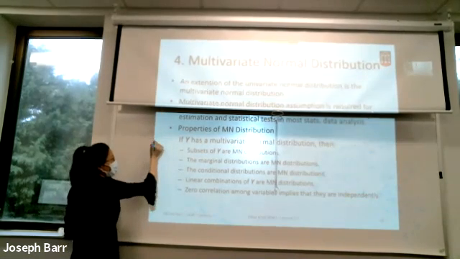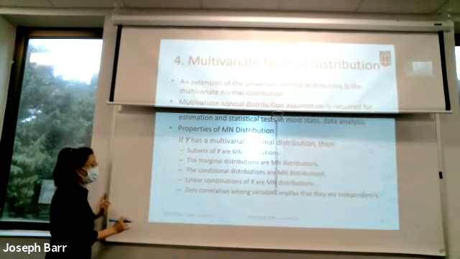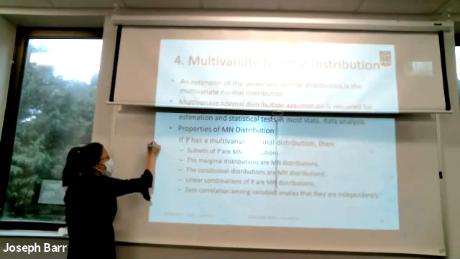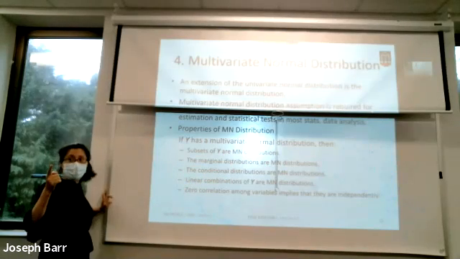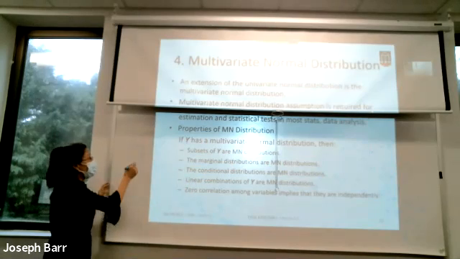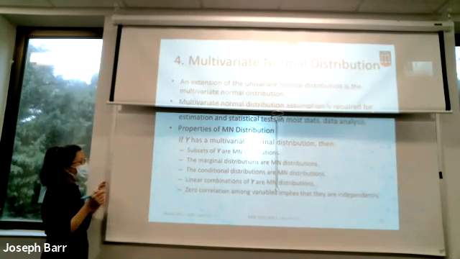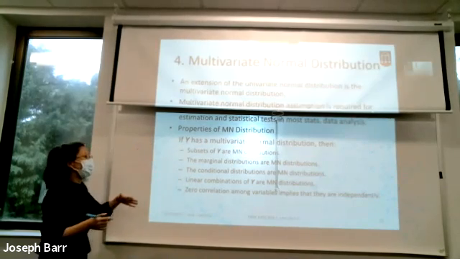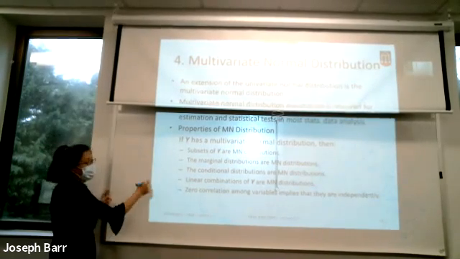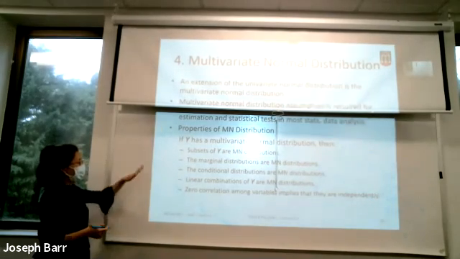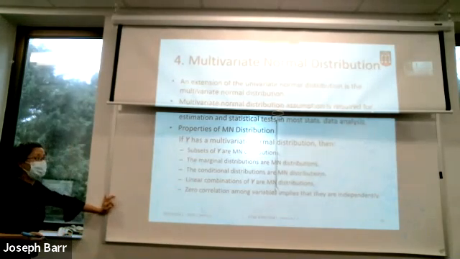For example, if you try to get the marginal distribution of y1, all of the other part will be integrated out. What is left is the marginal distribution. In this case it's univariate because we only have one left. But you can also keep these two and integrate out the remaining part. Then in that case, the marginal distribution is bivariate normal because you only have two left. And you can do the integral over any subset of that. So the resulting distributions are also multivariate normal.